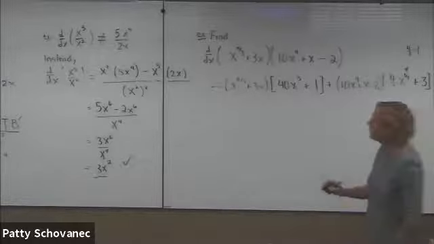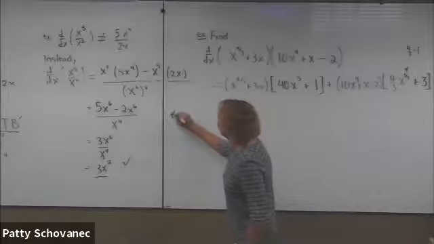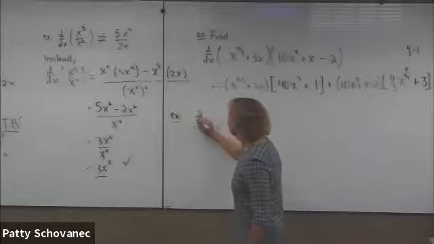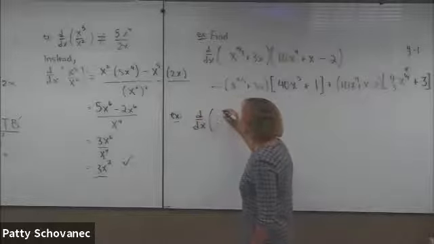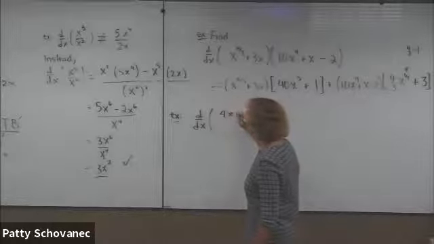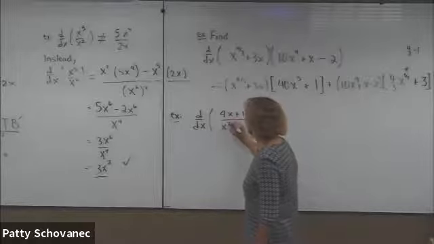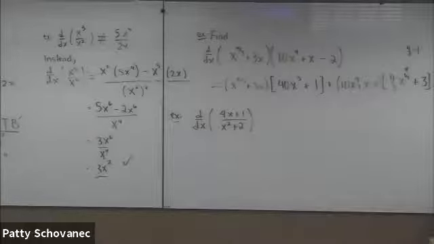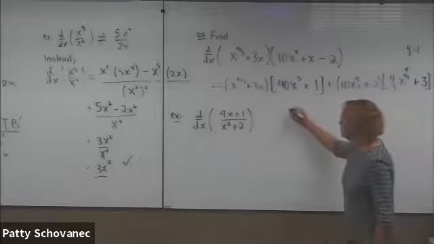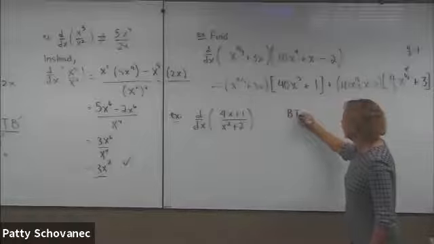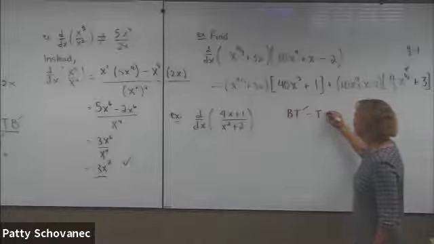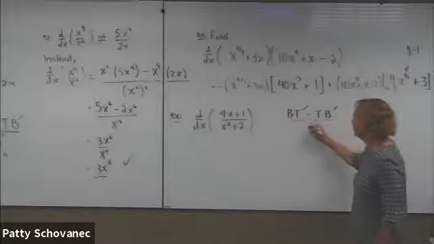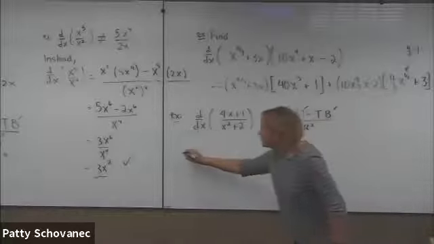All right, let's try a quotient rule problem. Let's take the derivative with respect to x of 4x plus 1 over x squared plus 2. So I'm going to show you what I'm going to do. I'm going to do the bottom times the derivative of the top minus the top times the derivative of the bottom, over the bottom squared.